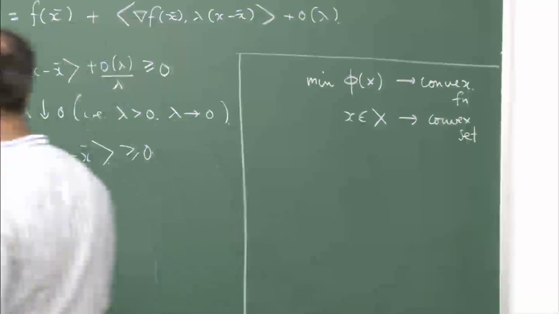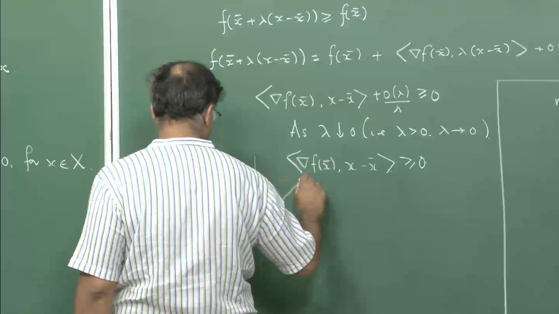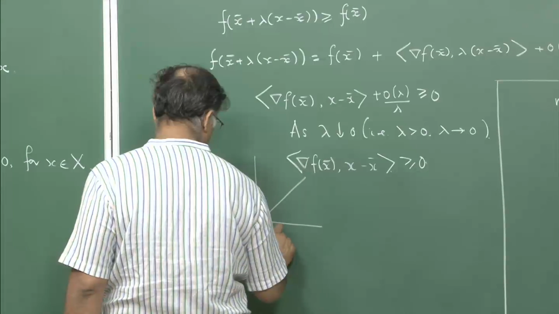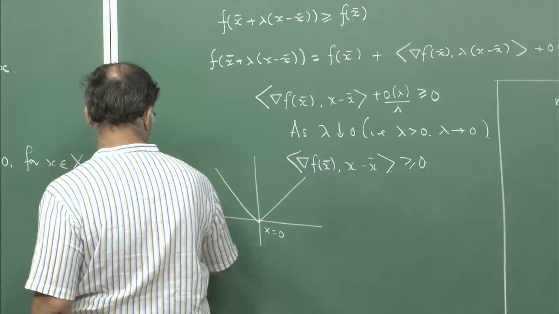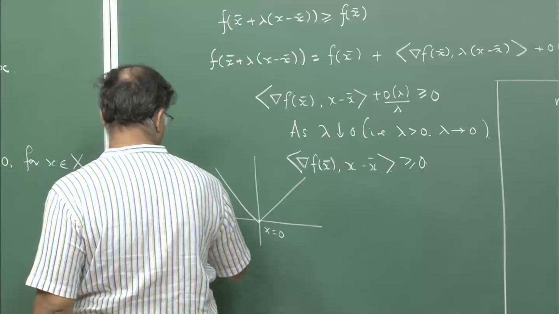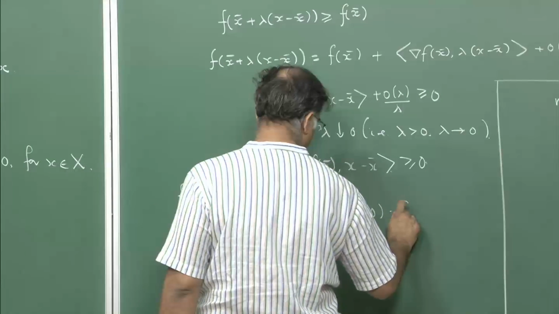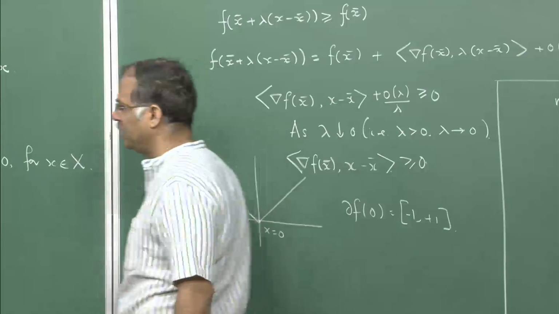Again I recall, for example, this function f(x) equal to mod x. The subgradient at 0, where it is not differentiable, we have done already.